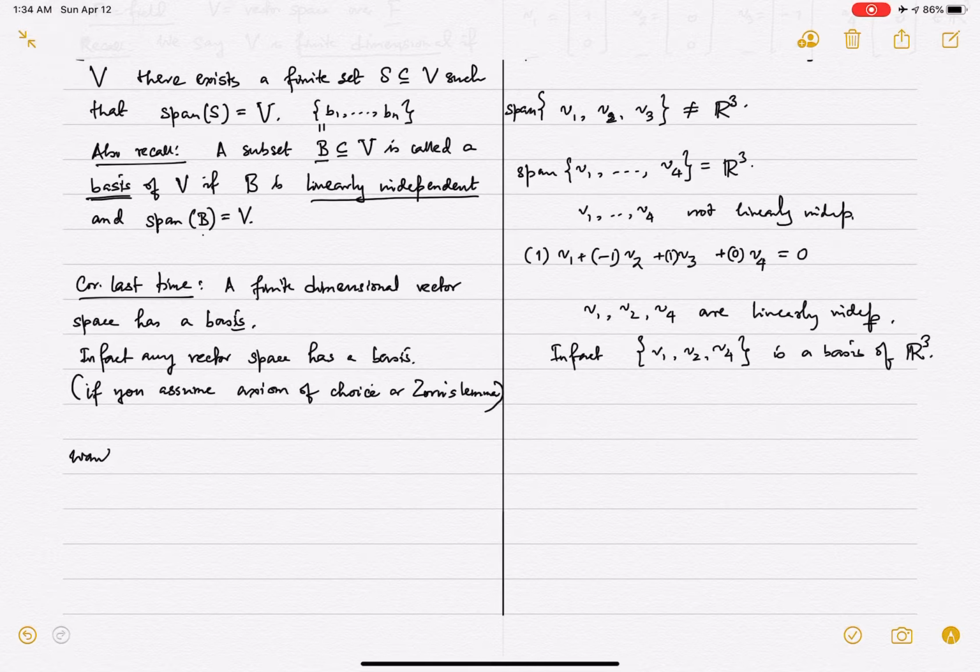Theorem. Assume V is a finite dimensional F vector space.